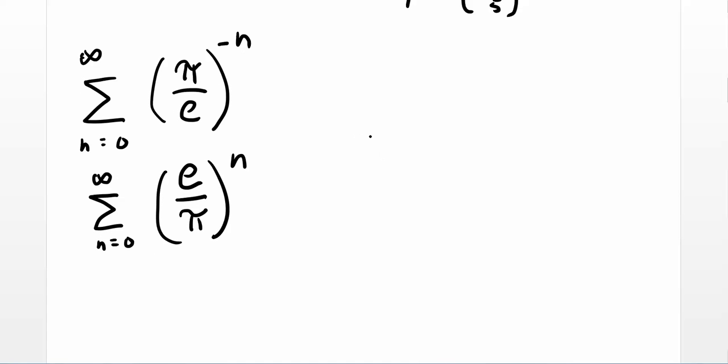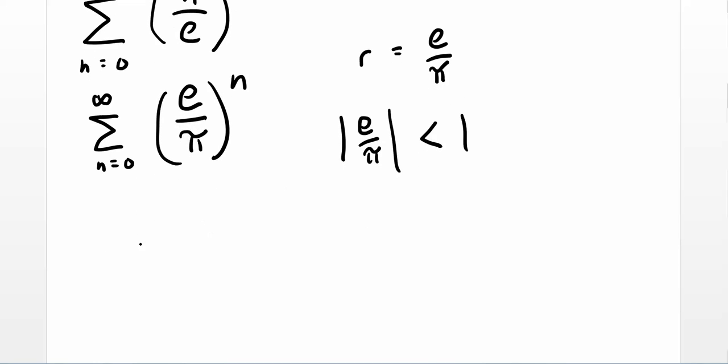Now our r value is e over pi, and the absolute value of e over pi, well, remember that e is about 2 point something, pi is about 3.14. So the denominator is a bit bigger than the numerator, so this is less than 1. And so our series does converge.